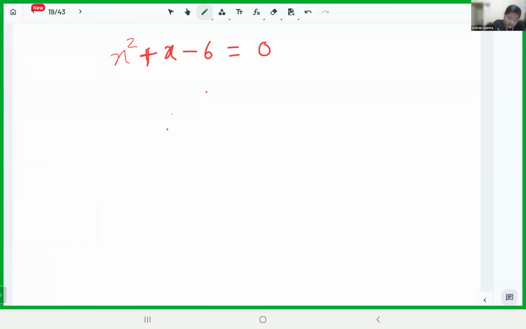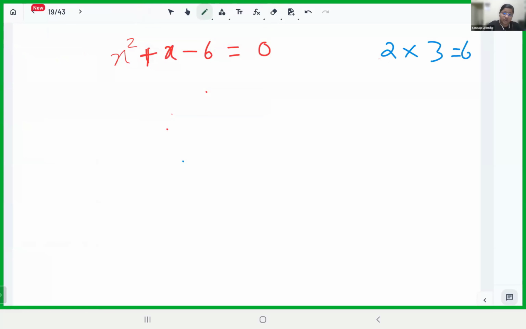That is, you have to get minus 6 when you multiply. You can take 2 and 3. 2 into 3 is 6, but you have to get minus 6.